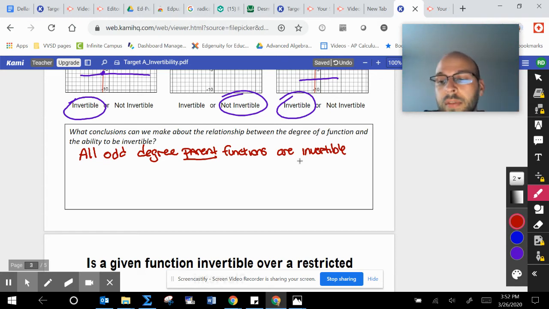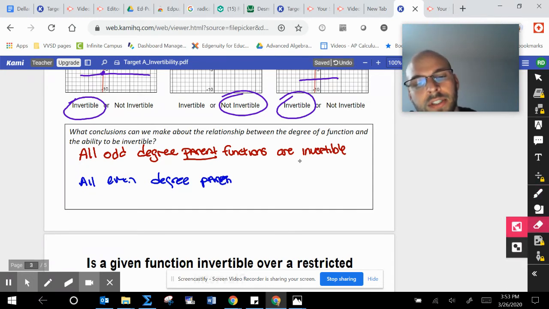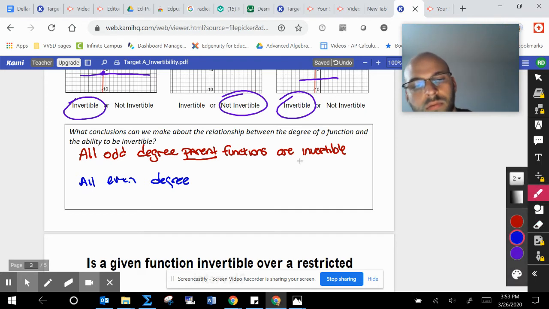But likewise, we can say that all even degree parent functions, and I can actually generalize this. Excuse me, my pen is having some difficulties. Let's try this again. Let's erase. All right.